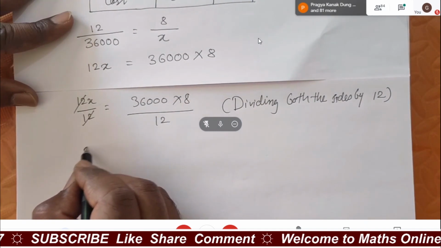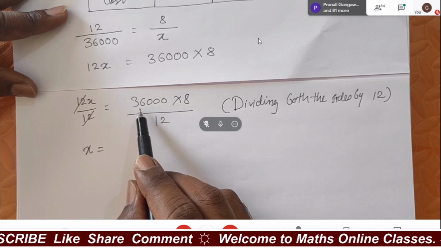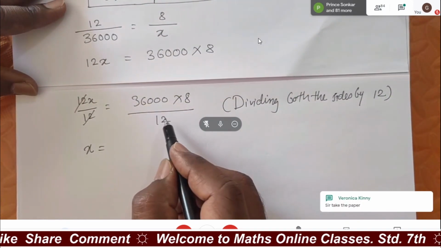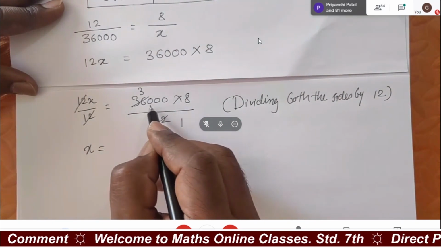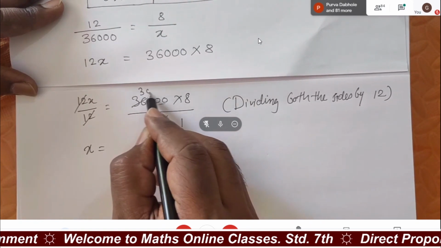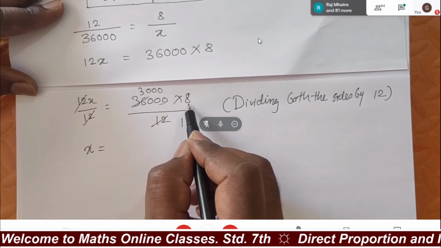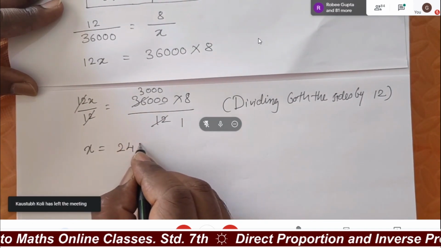12 will get cancelled. In the table of 12, tell me, does 36 come? Yes. Very good. 12 ones are 12, 12 threes are 36. How many zeros are left? 3 zeros. So give 3 zeros as it is, and again multiply 8 with this 3. 8 threes are 24, 3 zeros again as it is.